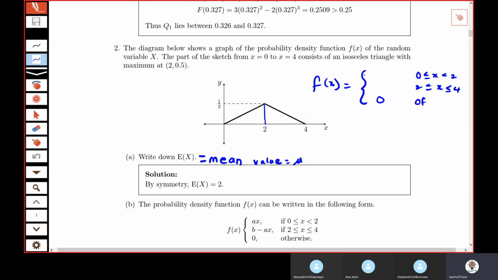And 0 otherwise. So from 0 to 2, it's AX. From 2 to 4, it's B minus AX. Now, you've got to understand that I've already given you f of x equals AX.